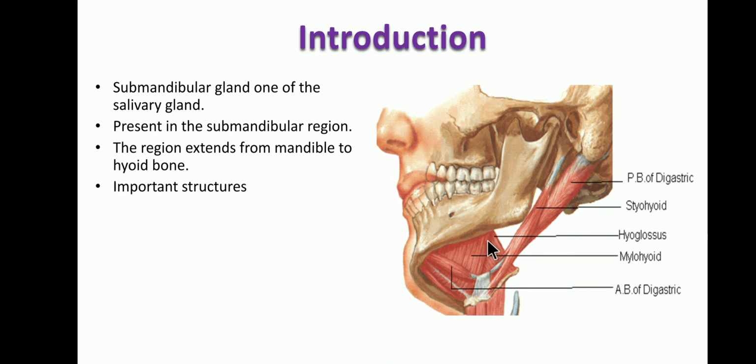The next muscle of the submandibular region, which is almost at right angles to that, is the Hyoglossus muscle. This muscle is also called the key muscle of the submandibular region. Among the suprahyoid muscles, you have mainly the mylohyoid muscle, then you have the digastric and geniohyoid muscles also.